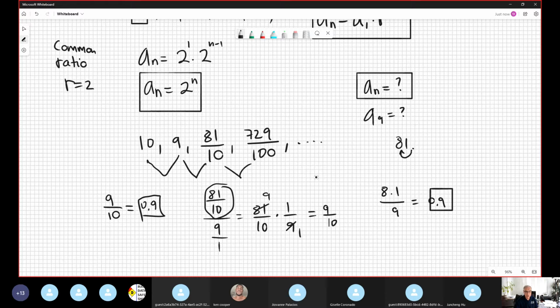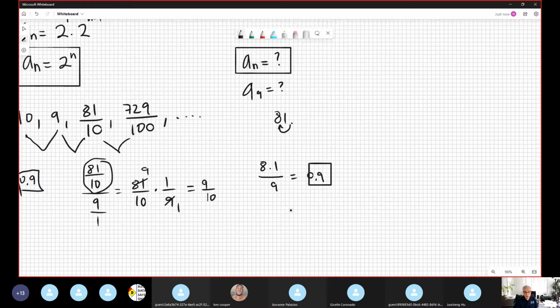Let me try this one: 729 over 100 divided by 81 over 10. This is crazy? No, it's not. It is 7.29 divided by 8.1, because you move the decimal point two places for 100 and one for 10.